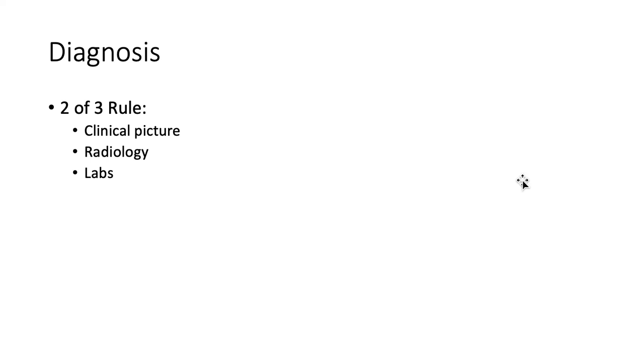If we have 2 of these findings, so let's say the patient is suffering from epigastric pain radiating to the back, we ran the labs and saw that the amylase and lipase are above 3 times upper normal, then we don't have to do any imaging modality in order to diagnose the patient with acute pancreatitis. So 2 of these 3 are enough.